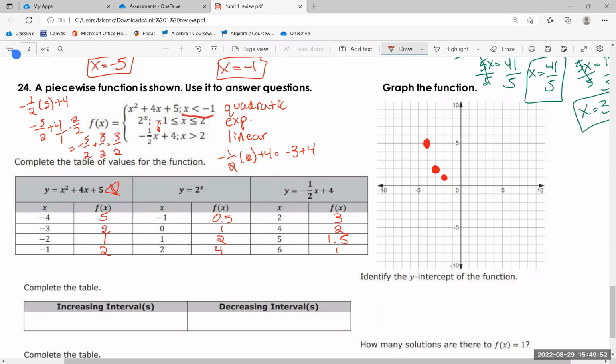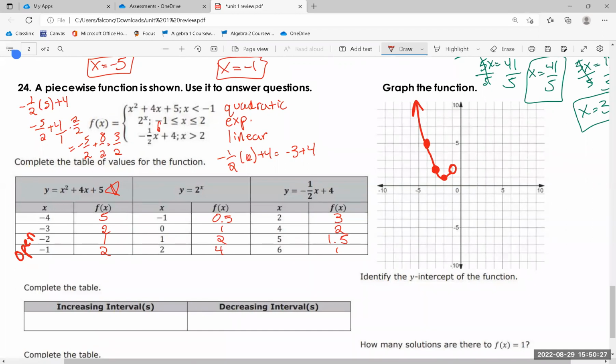In my piecewise, for the quadratic, x is less than negative 1. So at this negative 1 point, I'm going to have an open circle because we can't actually be equal to negative 1 for this quadratic piece. Then connecting the dots looks like a little more than half of a parabola, which is correct because this is a quadratic.